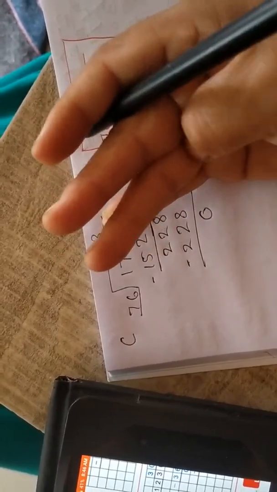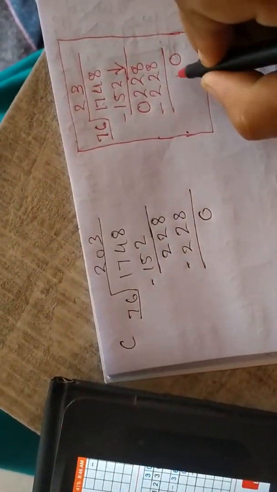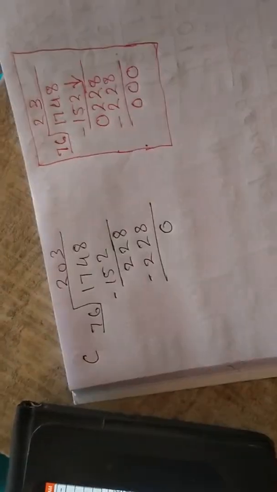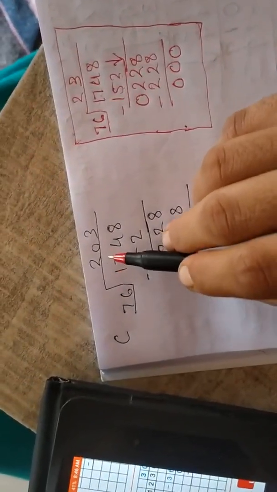The remaining number is 0, 2 minus 2, 0, 2 minus 2, 0. Now students, here is the answer: the difference is 23, and here the answer is 203.